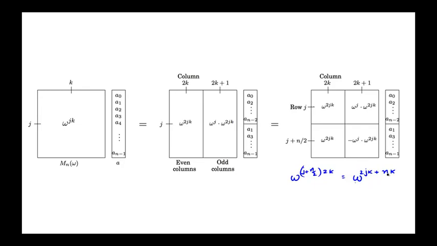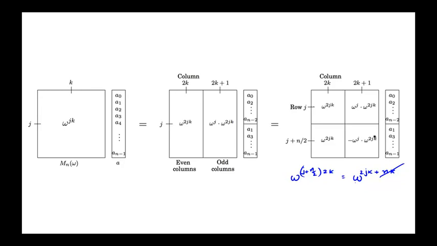But remember, omega to the n is 1, so omega to the nk is just 1. So we can drop that. And similarly, you can check that this entry is omega to the j times omega to the 2jk, and this entry is minus omega to the j times omega to the 2jk.